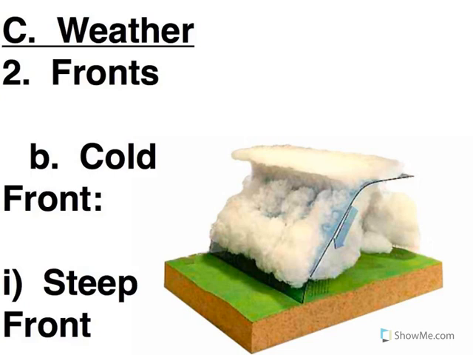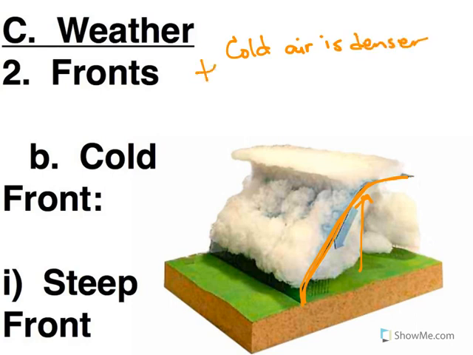Well, typically the shape of our front when it's a cold front is going to be steep. So that's this profile right here. So you see that it rises up relatively quickly when you're dealing with a cold front. And that's because the cold air has a high density, or at least is denser than the warm air.